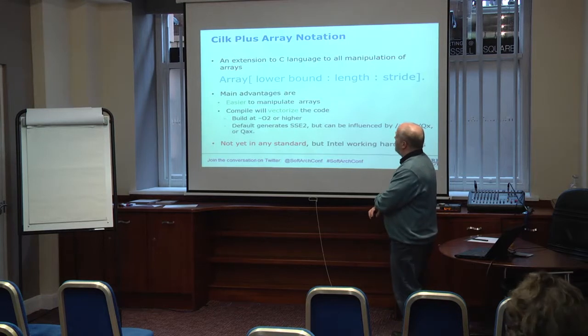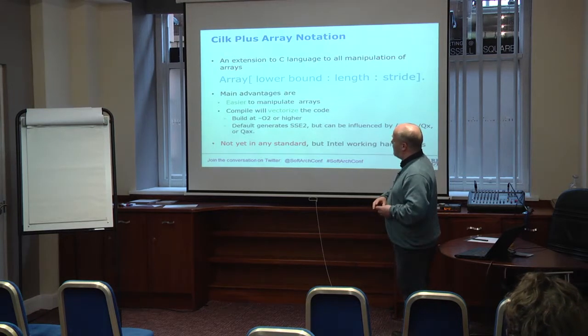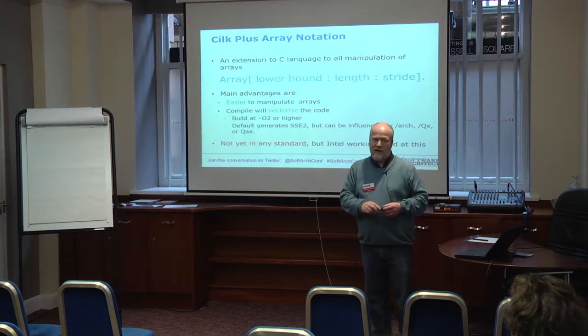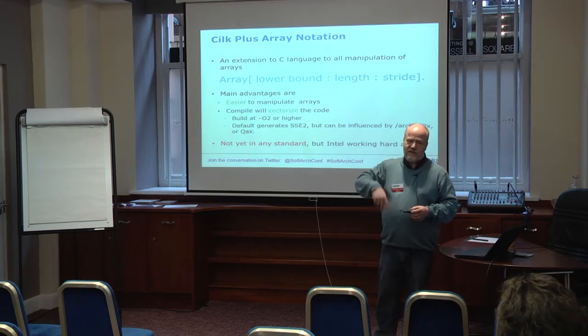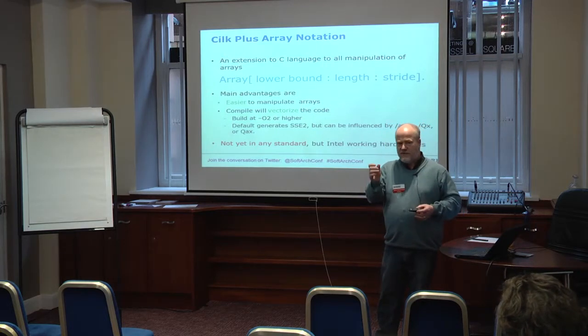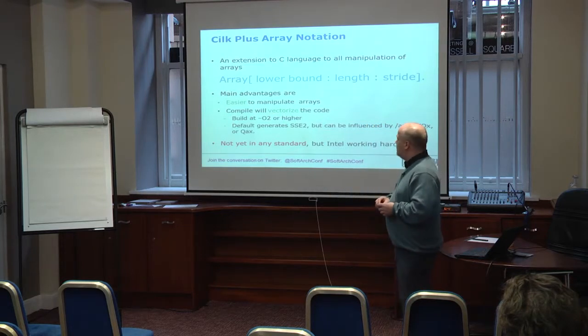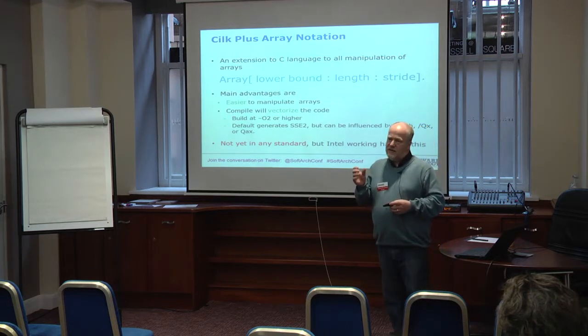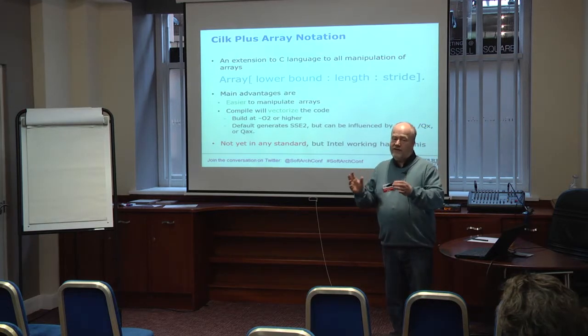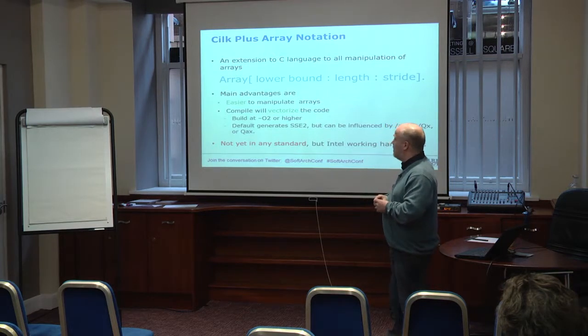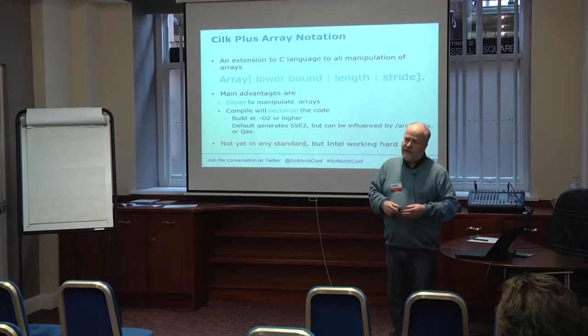So what the array notation does is it allows you to write code to manipulate arrays. So rather than having to do everything in for loops or specific indexes into your loops or doing pointers and so on, you can use this new syntax to manipulate whole arrays at a time. And the benefit of doing it is that the compiler will then vectorize that code.